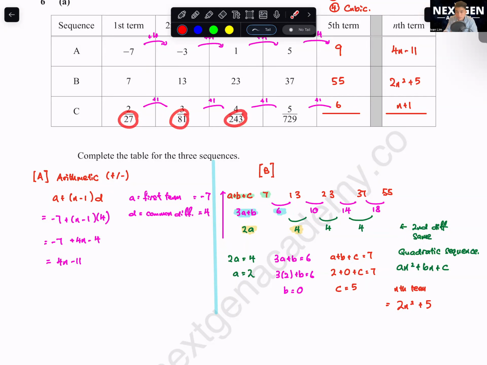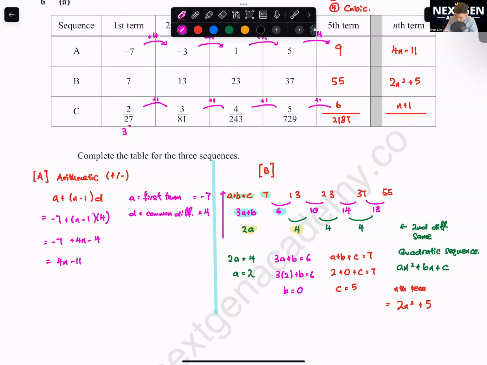This one? Okay, you all need to observe the pattern. 3 power 5. 3 power 6. So this one will be what? 3 power 7. Okay, what's 3 power 7? Type out in your calculator. 2187, right? Okay, so very good observation.